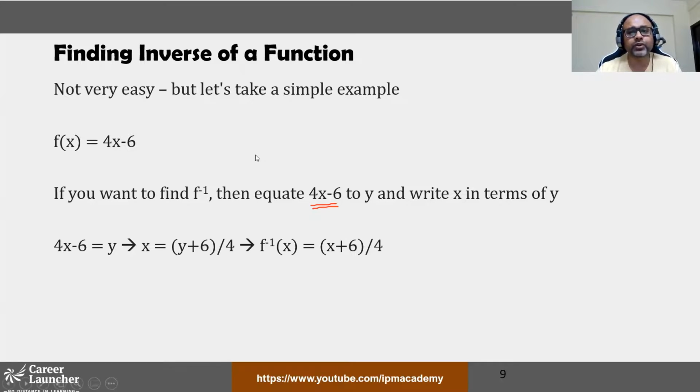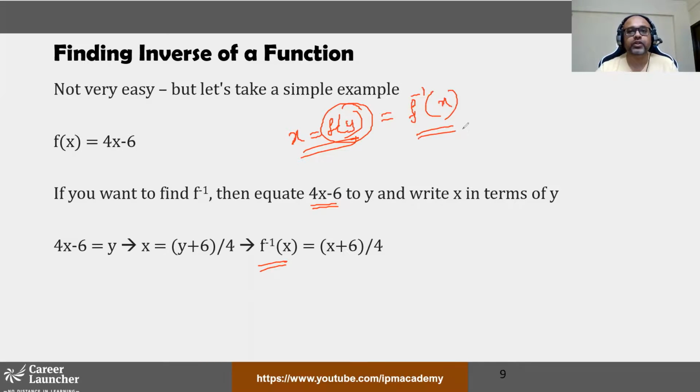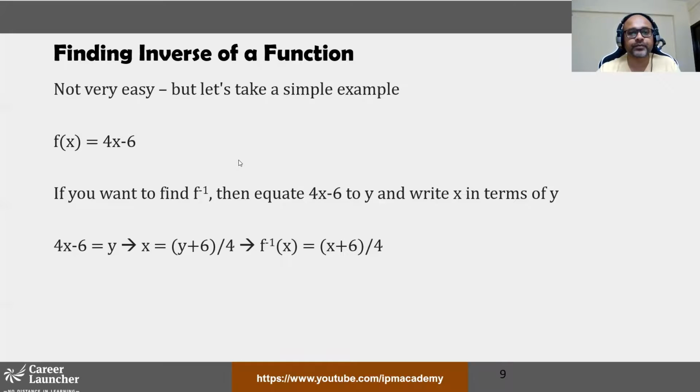So you get x as a function of y. This will be f inverse of x. In this example, the inverse of x is x plus 6 entirely divided by 4. This is the simplest way in which you can find the inverse of a function.